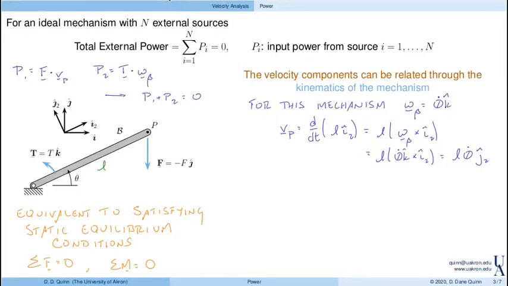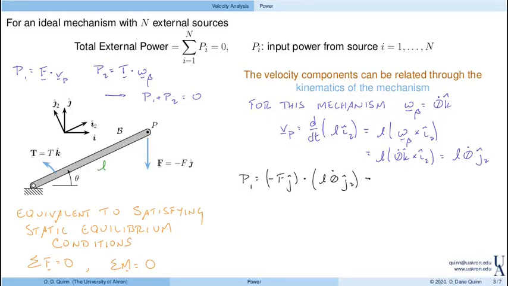Okay, so now going and calculating these powers, right? P1 is F dot V, right? So it's minus F in the J direction dot the velocity, right? So that's L theta dot in the J2 direction.